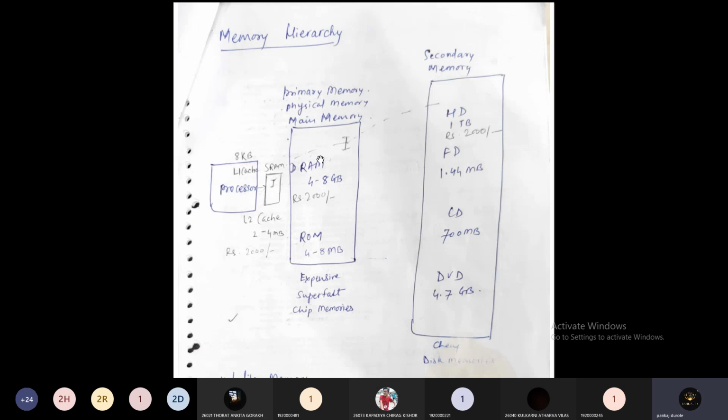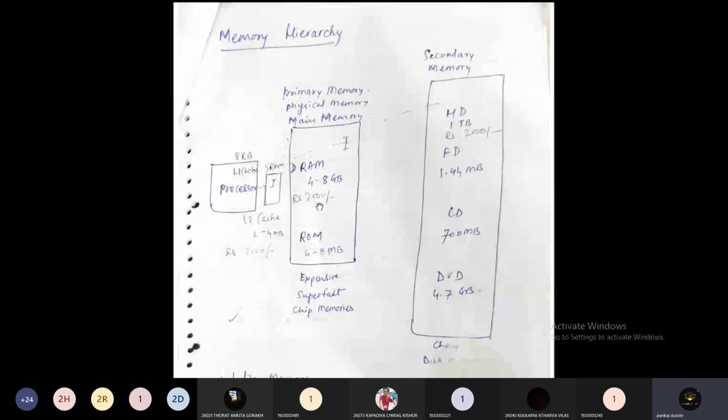Now if you consider RAM, there are two different types of RAM, right? Now you might know that your computer, your mobile phone, which is another computer, has approximately 4 to 8 GB of RAM. So if you go to the market and purchase this RAM, it will cost around 2000 rupees.